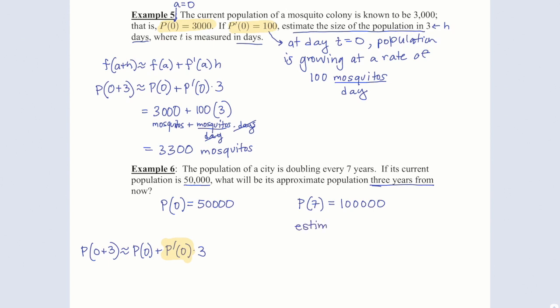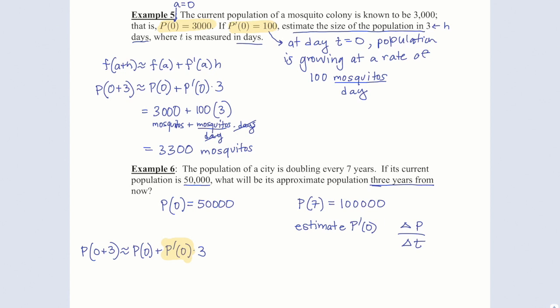So if we want to estimate p prime, we need a change in population over a change in time, right? Because usually we want a change in our outputs divided by our change in our inputs. So for this, to estimate p prime of 0, we want to find some information about change in population over change in time.